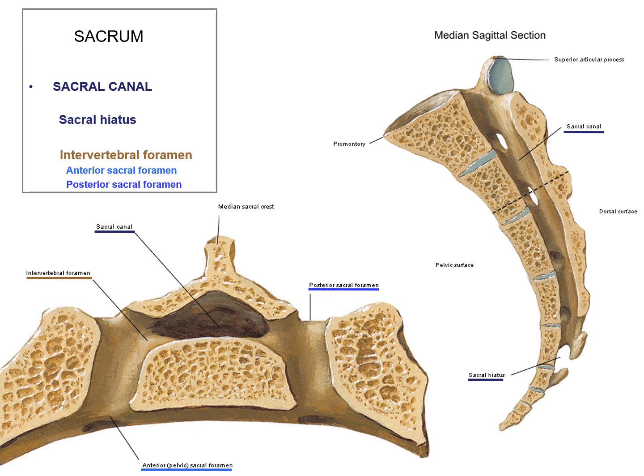The sacral canal is a continuation of the vertebral canal that terminates as the sacral hiatus, which lies on the inferior part of the dorsal surface of the sacrum.